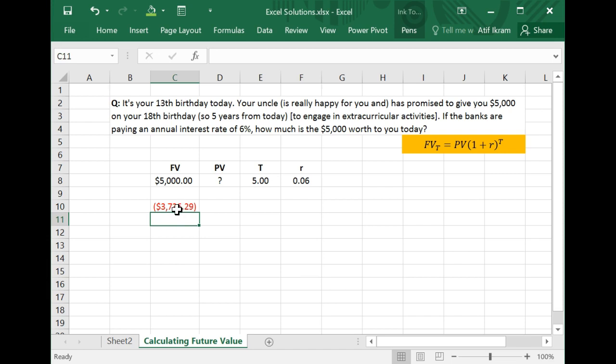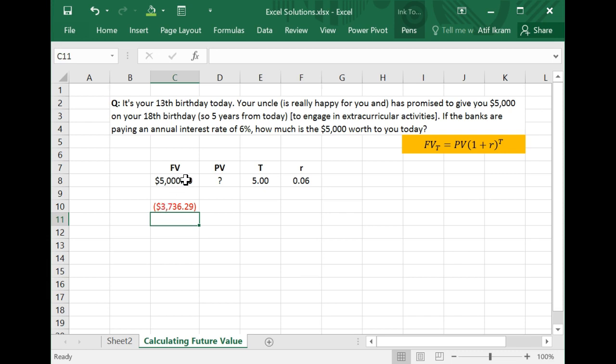A couple of things to note. First, you might get a different format over here. I've already formatted this cell, so it's displayed in this manner. One thing that you will see is that the present value number will come out as a negative number, in red and in parentheses. Don't worry about that. The way Microsoft Excel works is that if the present value is a negative number, the future value has to be a positive number, or vice versa.